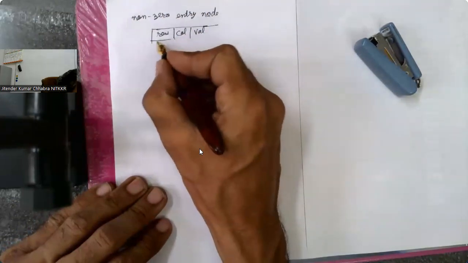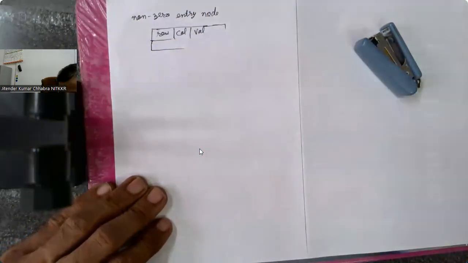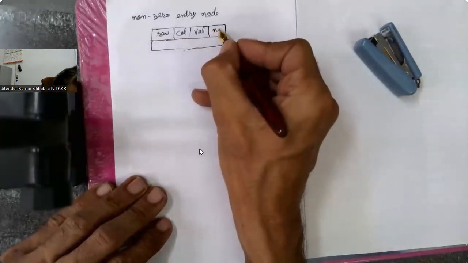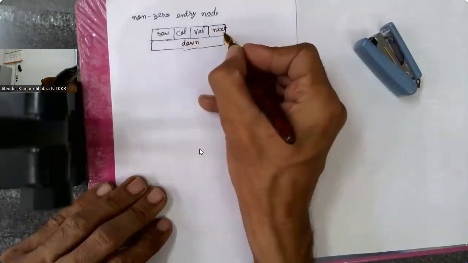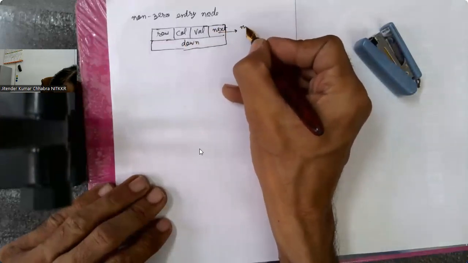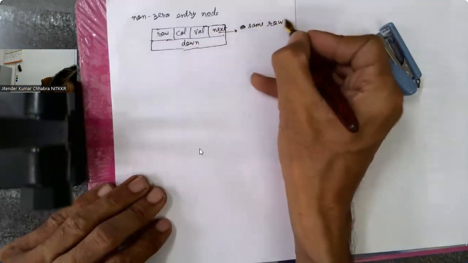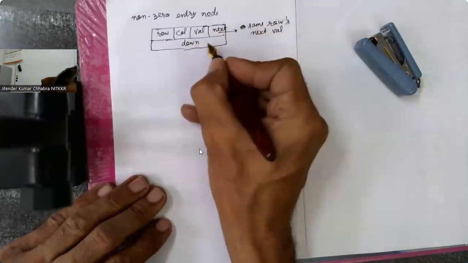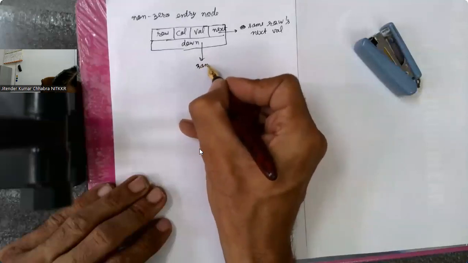Along with this, I can symbolically show them to have a next pointer and a down pointer. Next goes to the next entry in the same row, and down goes to the same column's next entry.